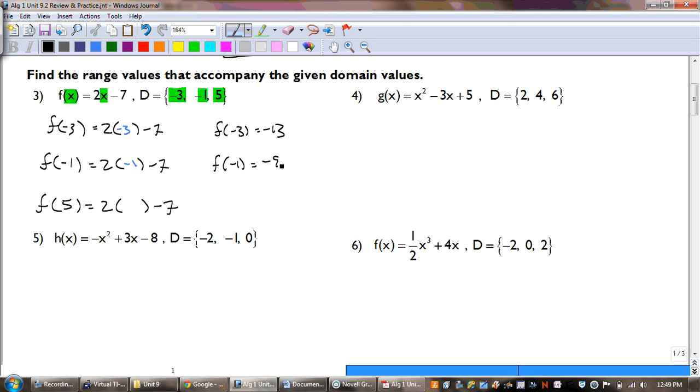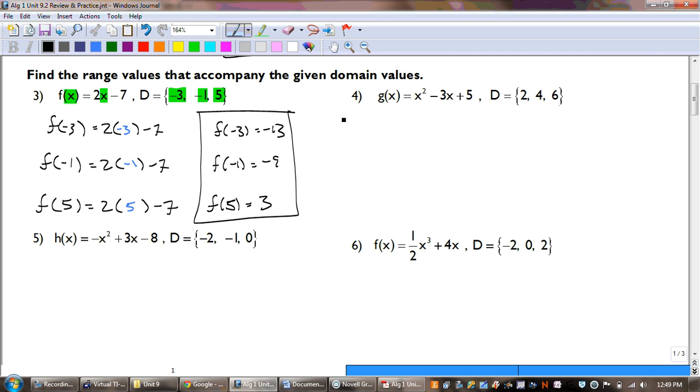I got -9. And then f of 5, what'd you get for f of 5? Did you get 3? That's what I got. And then those are our 3 answers. Okay?